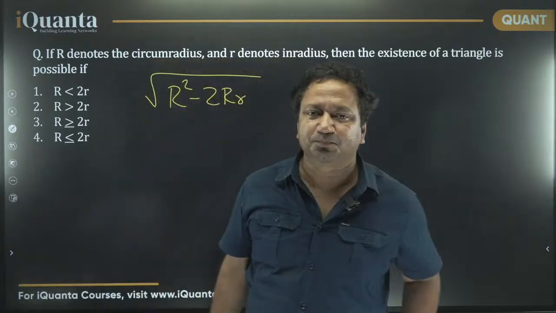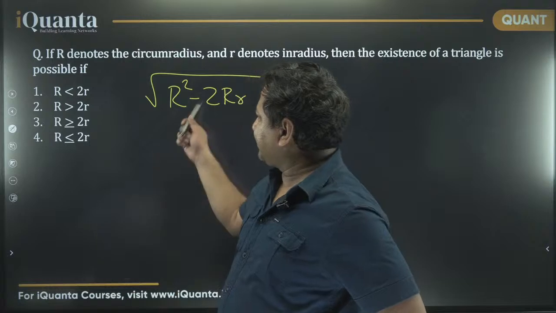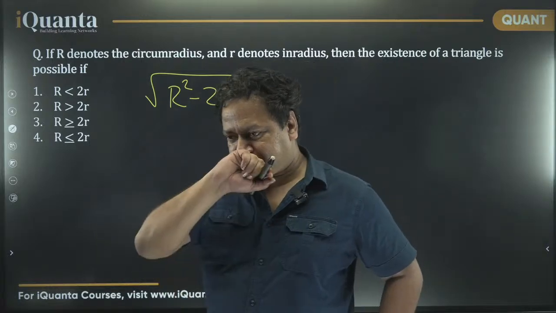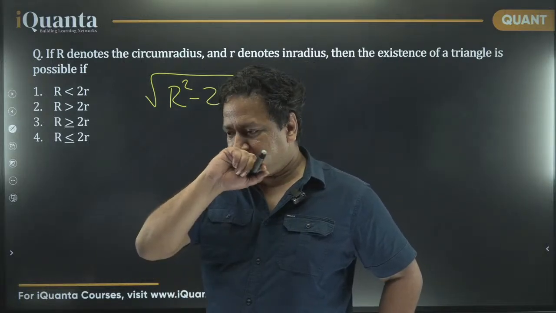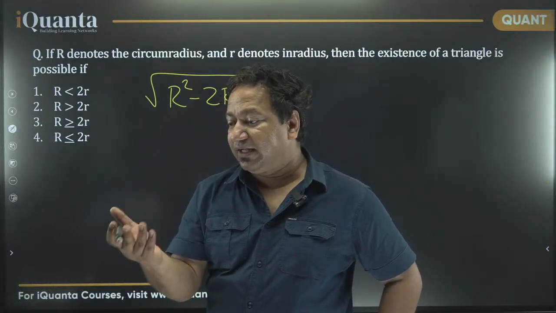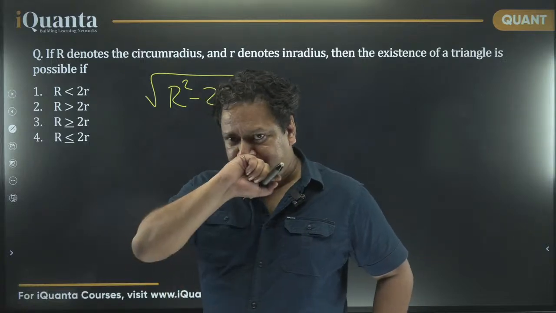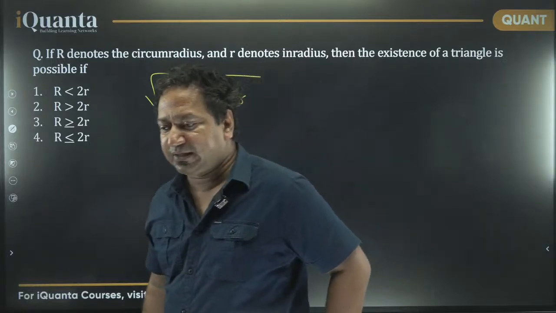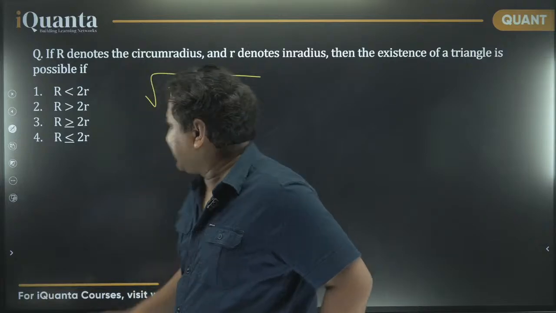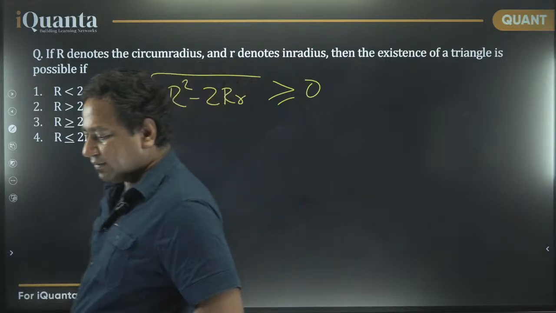By the way, can this thing be negative? Capital R, small r, they are positive real numbers. So if you take its square root, the square root can never be negative, isn't it? This guy should always be greater than or equal to 0, isn't it?